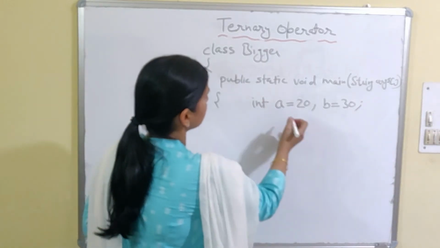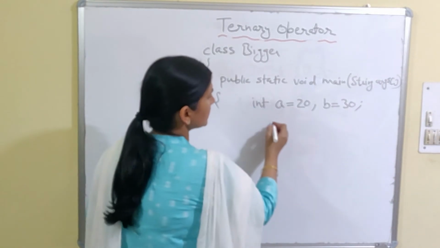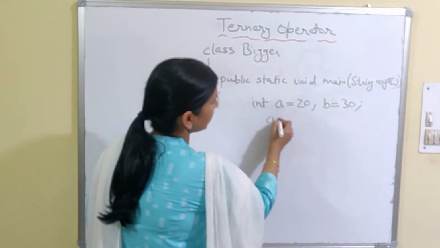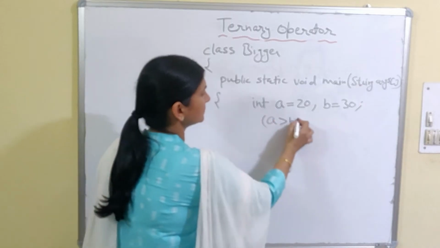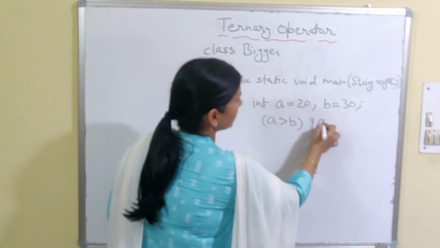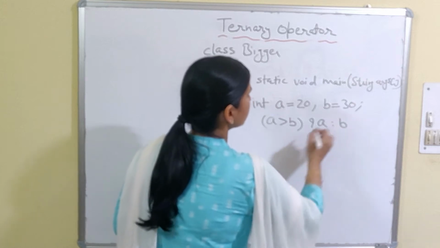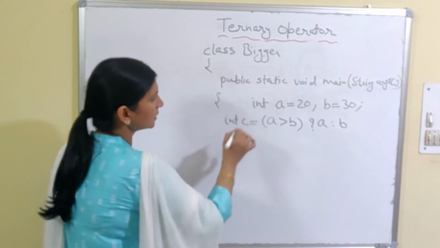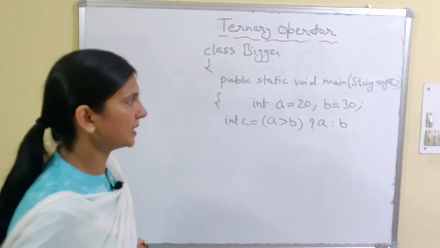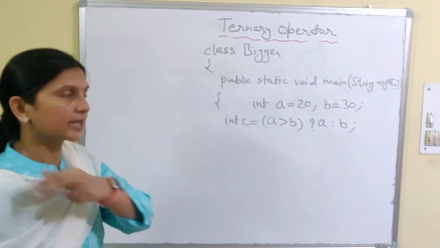So we will use the ternary operator here instead of if-else. So ternary operator, a greater than b. This is the condition. First part a, otherwise b. It will be assigned into the third variable c. And the last terminator, semicolon.